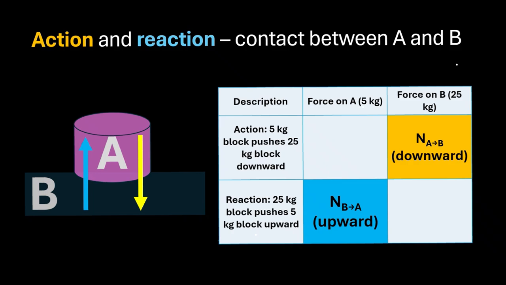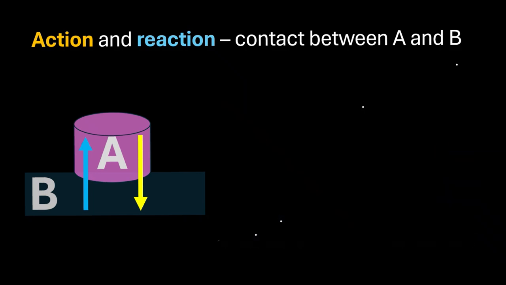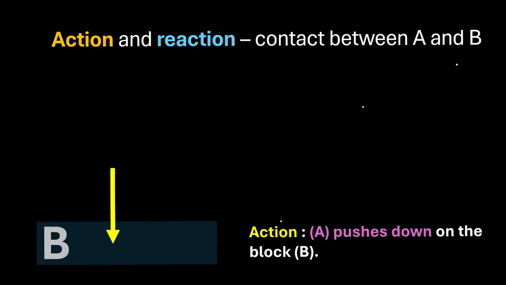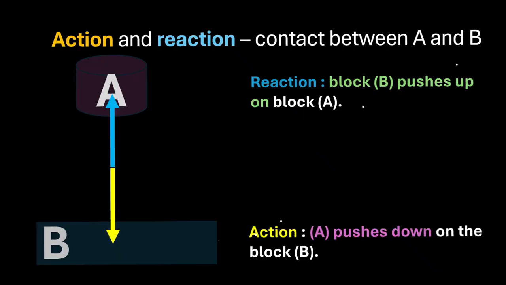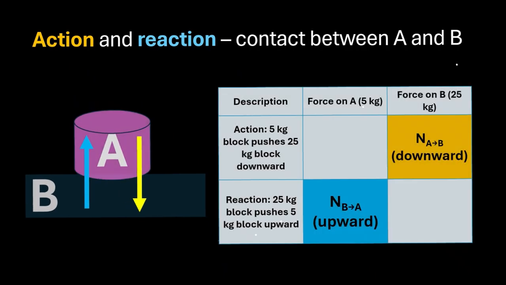So action is normal reaction on A due to B, and reaction is normal reaction on B due to A. And this direction is really important. Why? One is downward and the other is upward. Also, both of them are acting on two different bodies.